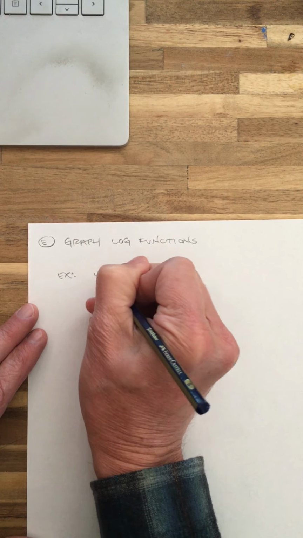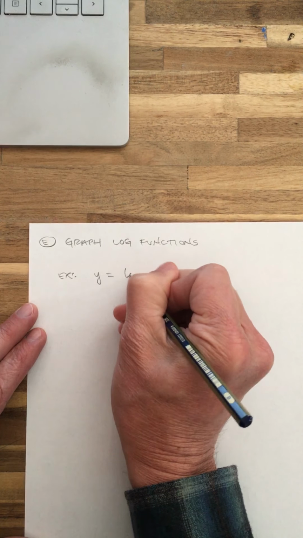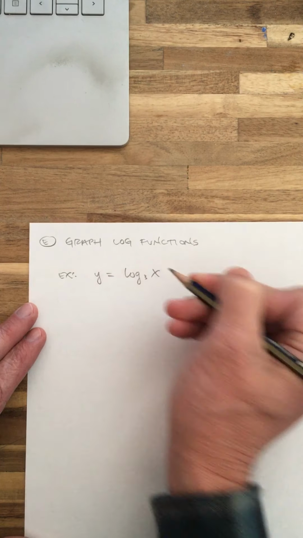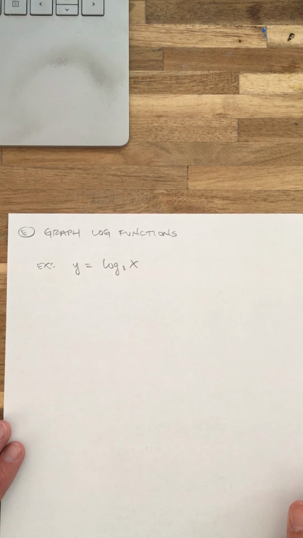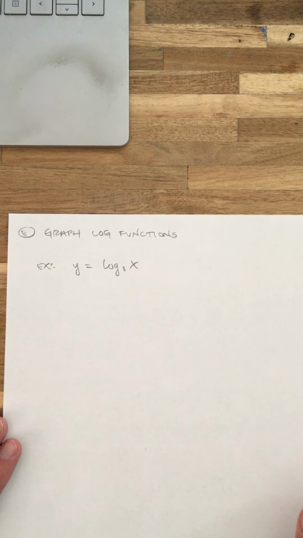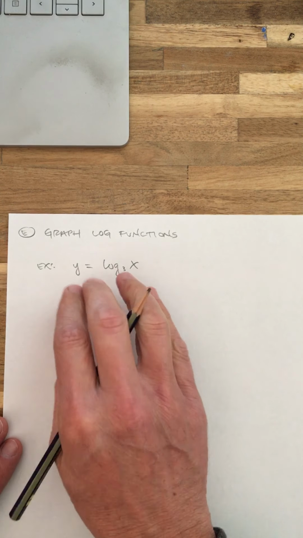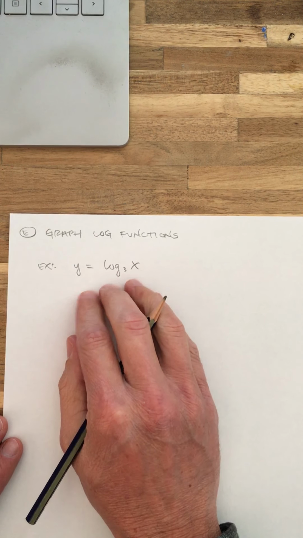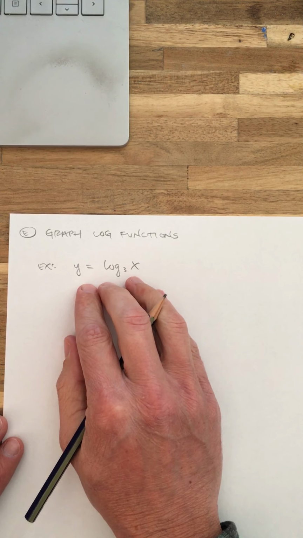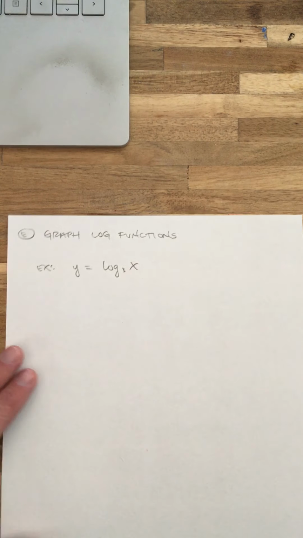All right, so let me give you this. y equals, okay, the log base 3 of x. And since this form is, I'm sure, pretty challenging for most of you guys to work with in your heads for now, what I want you to do is just switch it.